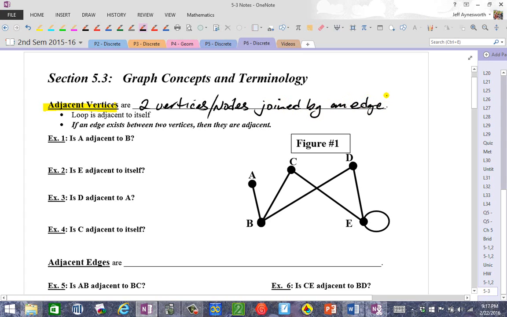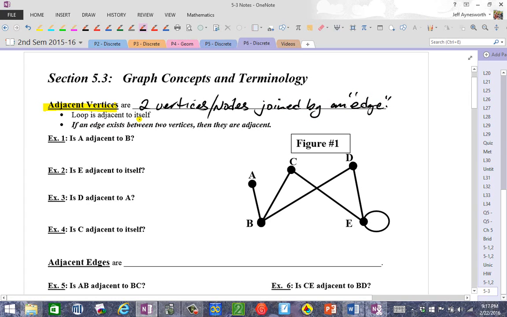The keyword is an edge here. That's all there is to it. So if two vertices are joined by an edge, they're adjacent. If not, they're non-adjacent. We also say that a loop is adjacent to itself, so remember that. It's a little side point right there.